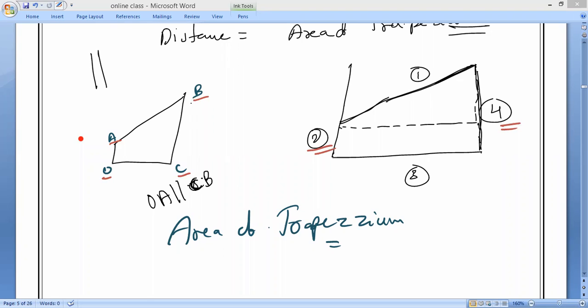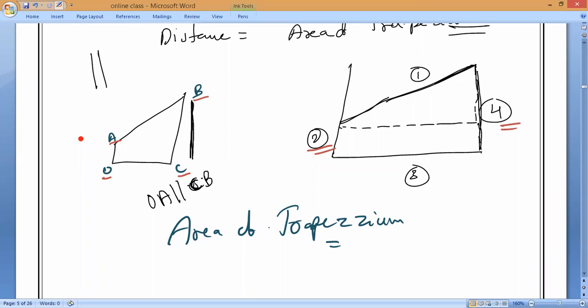Height of this trapezium. BC or OC? Already OC is parallel. Then the height will always be opposite to the parallel sides. Where will the height be, guys? Opposite to the parallel sides. Understanding? Height of the trapezium is opposite to the parallel sides.